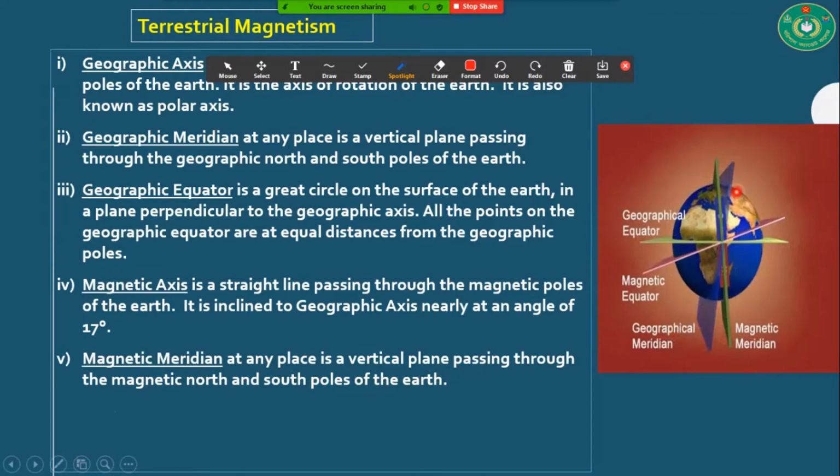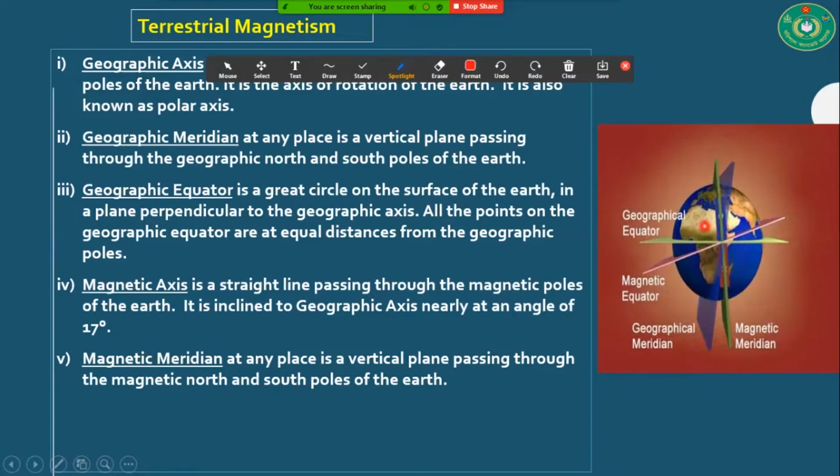It is very clear that there is a deflection between the geographical meridian and the magnetic meridian, and this deflection is known as another parameter, that is declination.